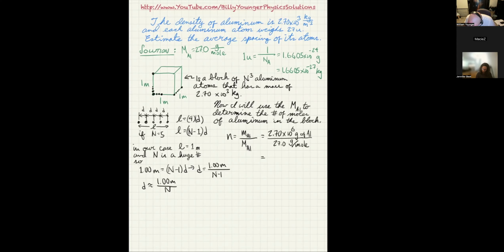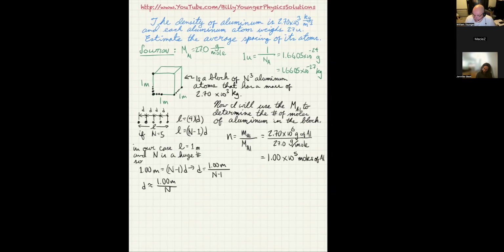We'll take 2.7 times 10 to the 6 divided by 27, and that gives me 1 times 10 to the 5th. And that's moles of aluminum.